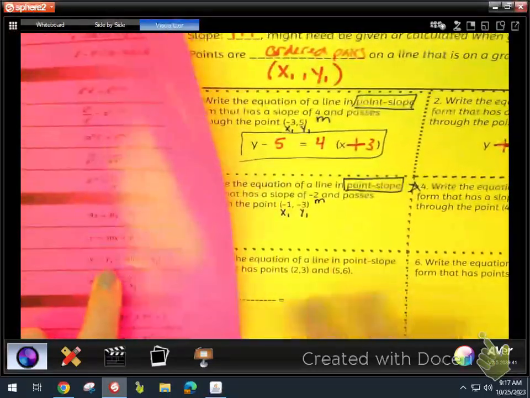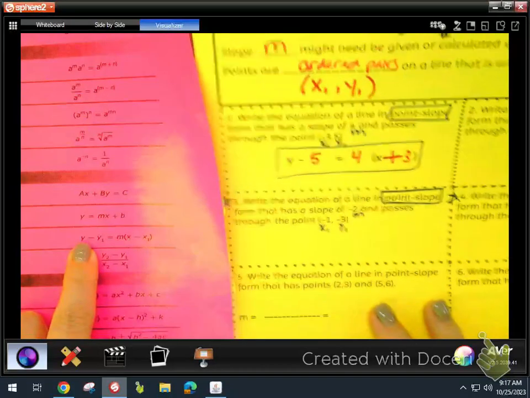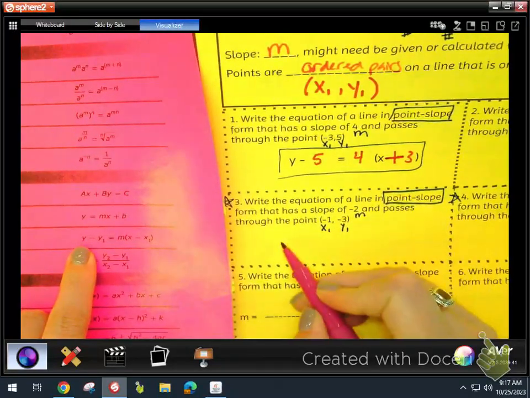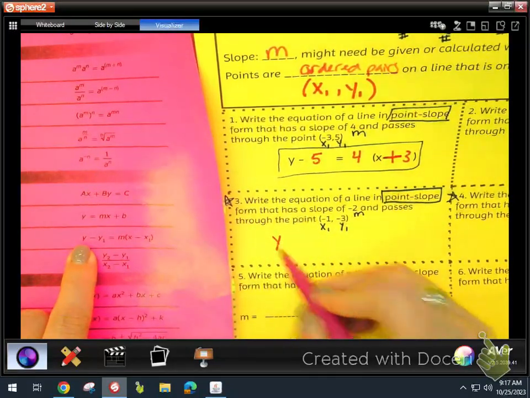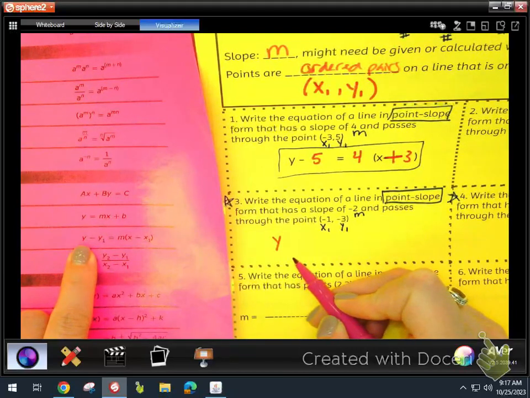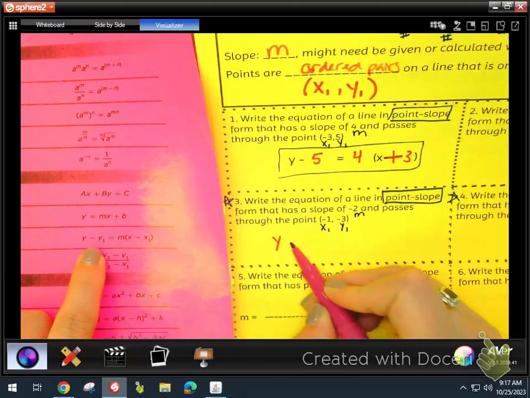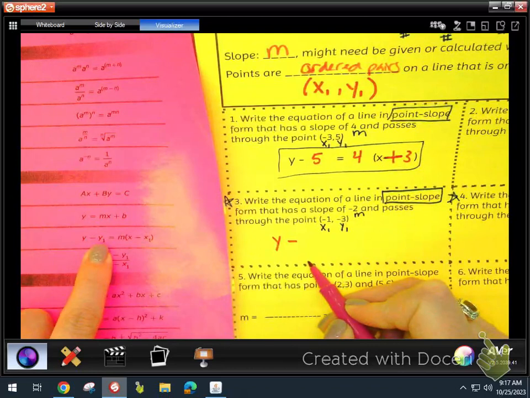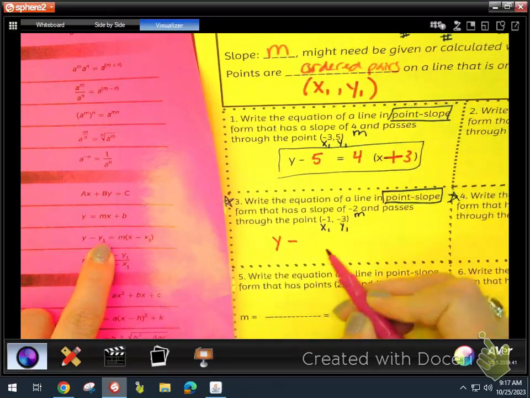All right, so I have to start my point slope form from scratch. Regular y always stays regular y. All right? Minus what kind of y value?